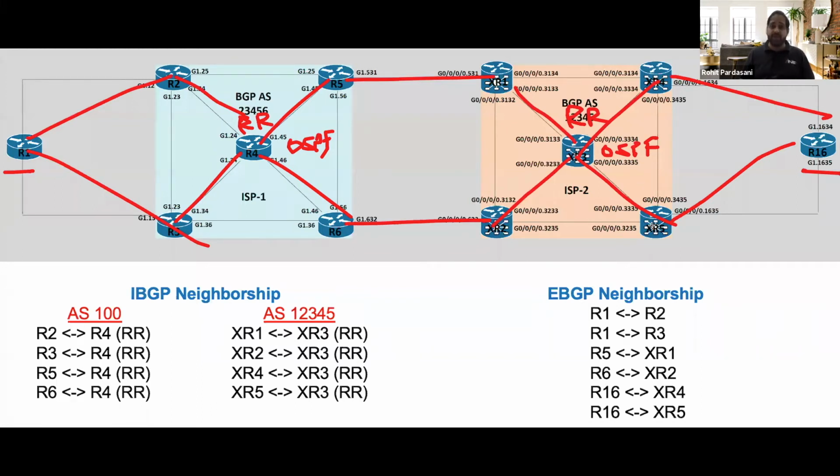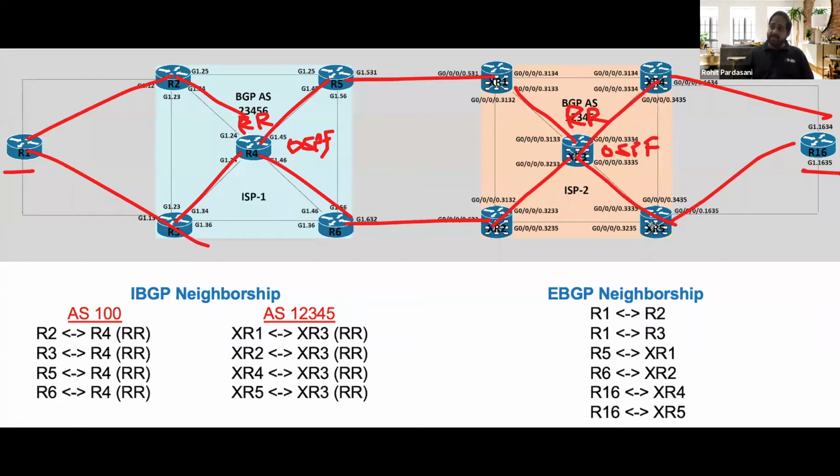Origin code I haven't changed. So default is I because R16 is advertising it using a network statement. It then compares MED. I haven't configured MED, so default 0. They both are iBGP neighbors, so same. IGP metric to next hop is the same because they're running OSPF and the cost is the same for the interface.